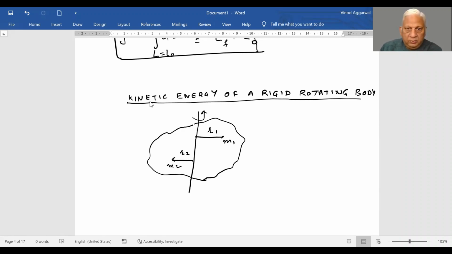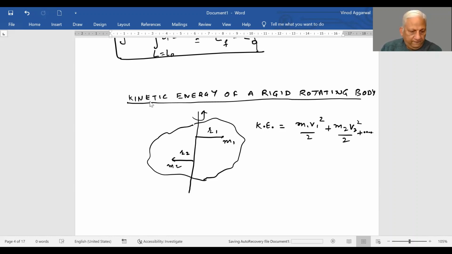So the total kinetic energy will be what? The kinetic energy of all the particles put together, and so on and so forth, right?